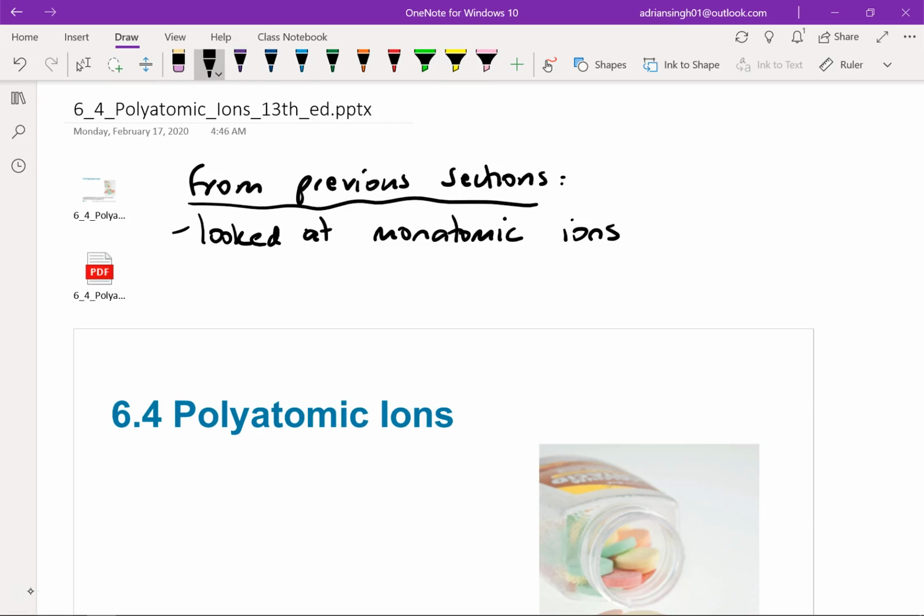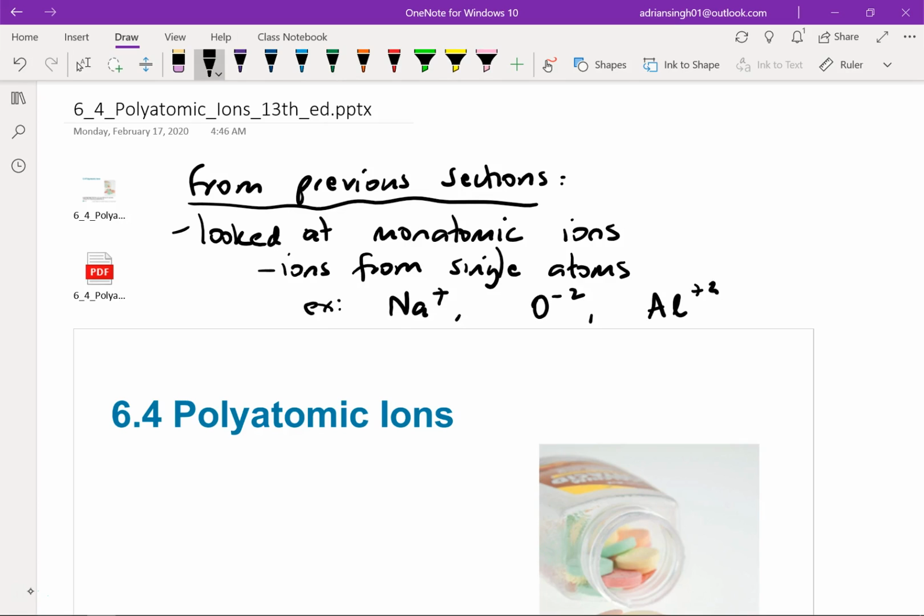Which were ions formed from single atoms. So for example, we looked at sodium plus, we looked at the oxide, we looked at aluminum, etc. They were all ions formed from a single atom.